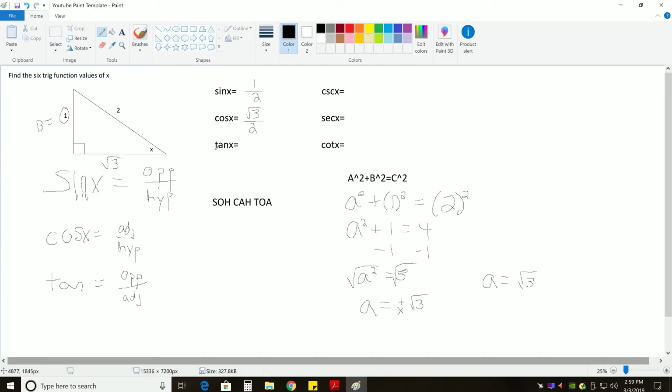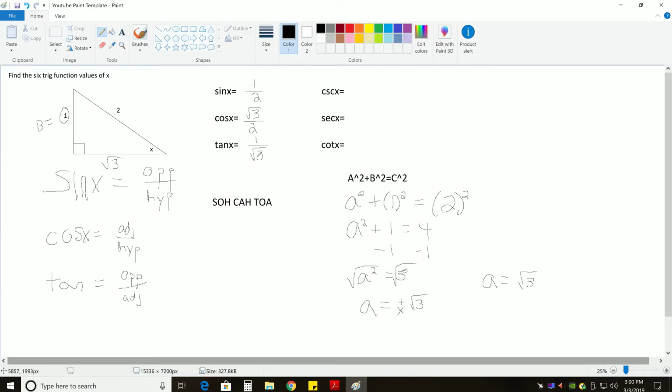Now we need tangent of x, which is the opposite over the adjacent. So the opposite side is this 1 over the adjacent, which is the square root of 3. But remember, we have to rationalize this.